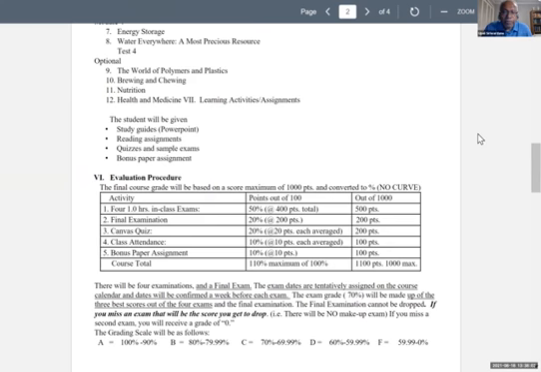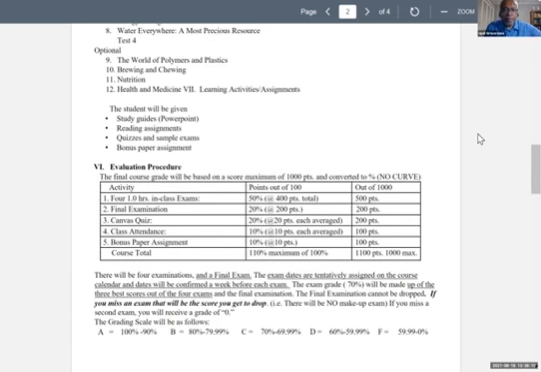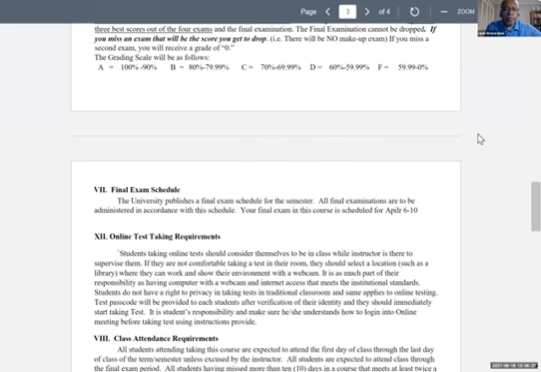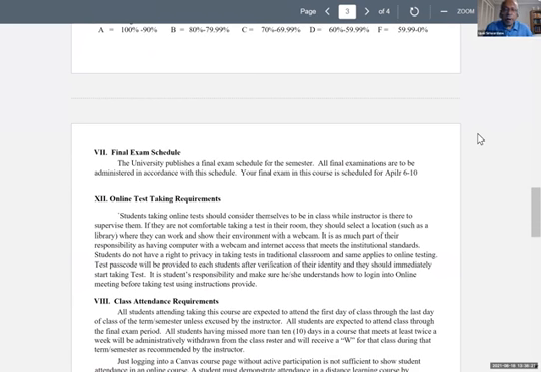Canvas quizzes and class attendance make up 30%. And there's a bonus paper assignment. You can get 10 more points. The final exam is given at the end of the quarter. I will announce the dates.